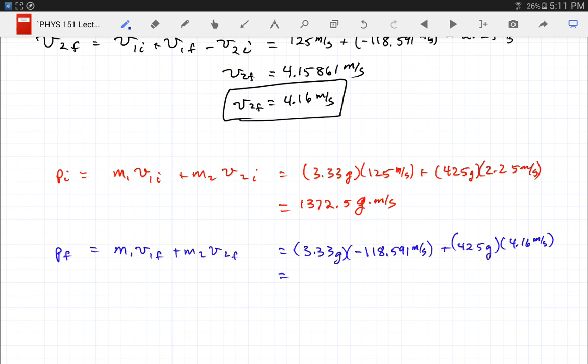And so, putting that into my calculator, I have again 1372.5 grams times meters per second. So I've shown now that momentum was conserved with those calculations. At this point, I'm satisfied. I'm not even going to go and do the kinetic energy calculations. I'm sure that's conserved too. So there you have it.